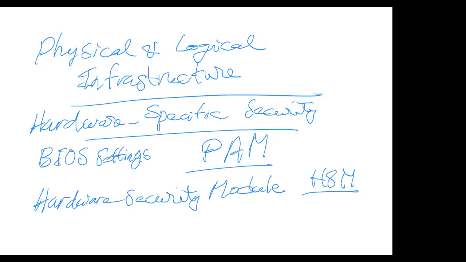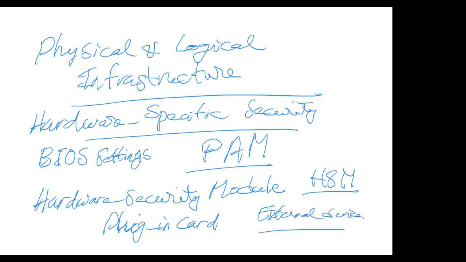The other module is the hardware security module, HSM. What is HSM? This is a very important concept in security, gentlemen. It can be a plug-in card which you can install in a PC or in a server, mainly in a server, or it can be a physical external device.